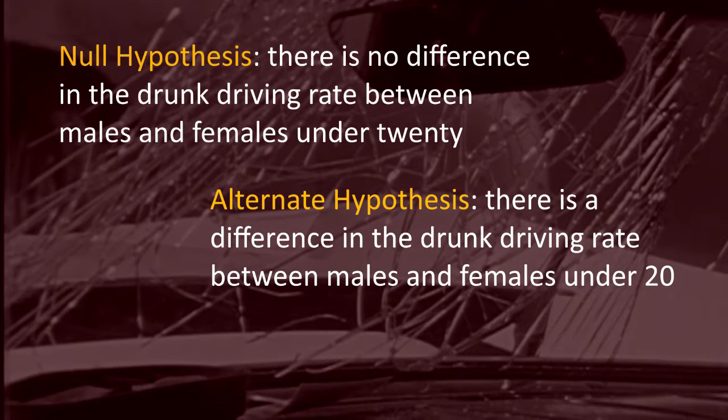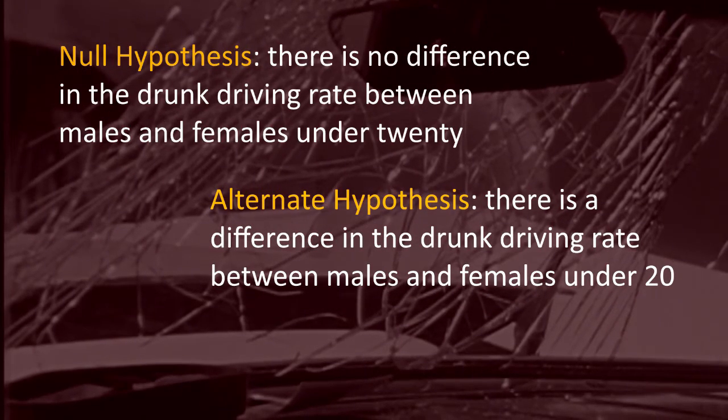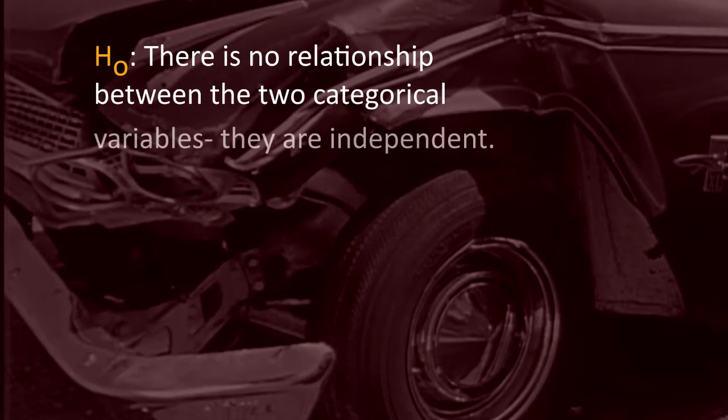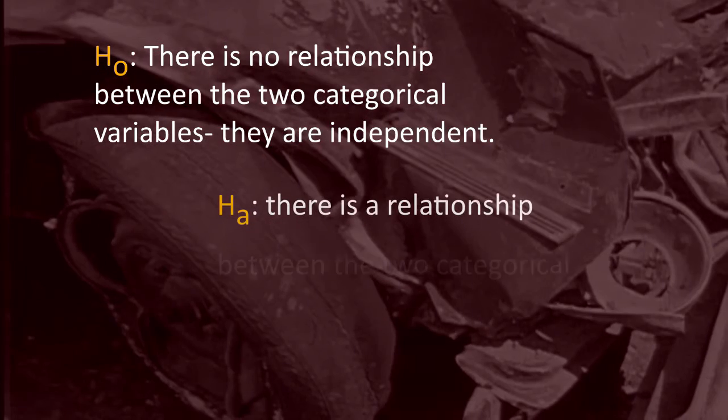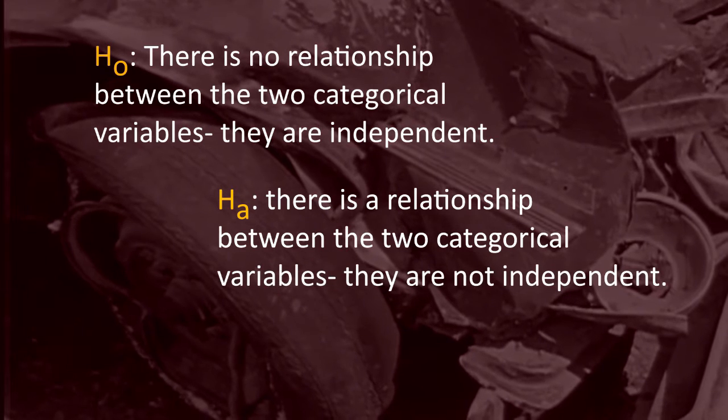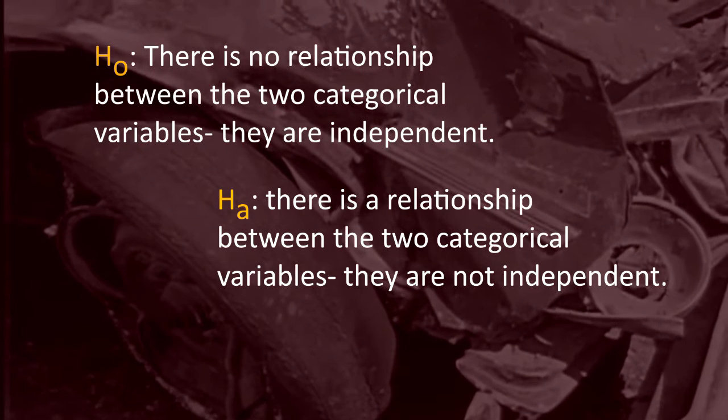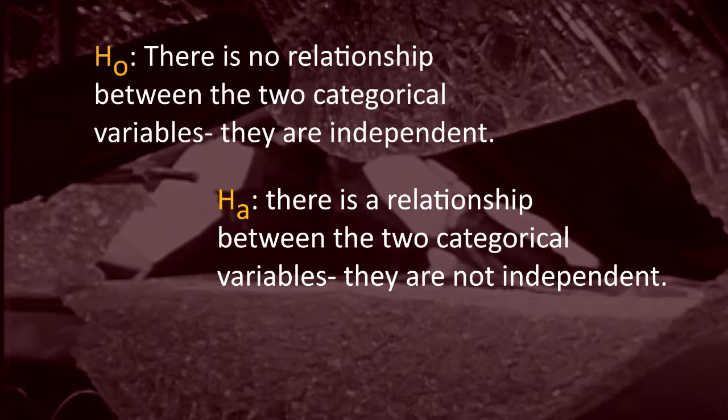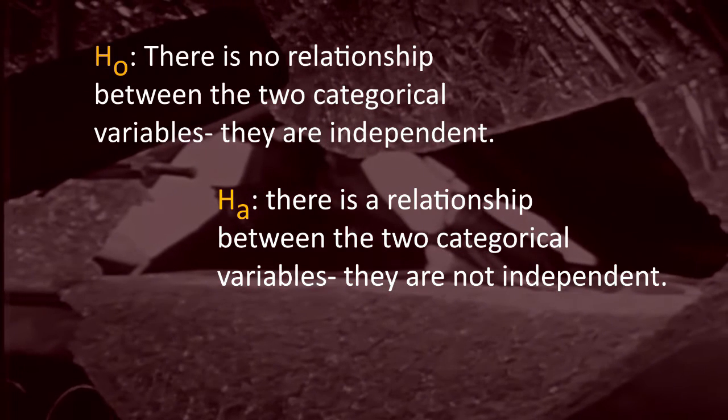These are the null and alternate hypotheses for the chi-square test of independence. Here are other ways that the null and alternate hypotheses can be stated for a chi-square test of independence. There is no relationship between the two categorical variables. They are independent. Or, there is a relationship between the two categorical variables. They are not independent.